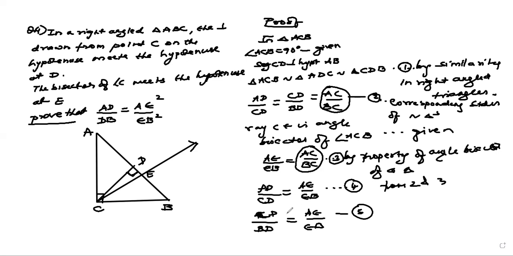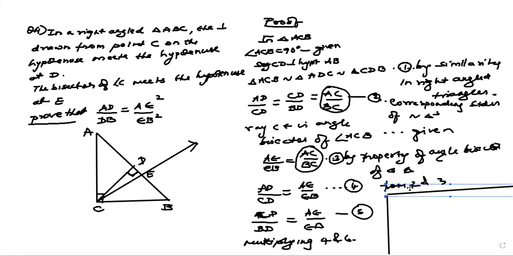So now, multiplying 4 and 5, I'm going to write it here, children. I don't have place, but I'm just going to squeeze it in.